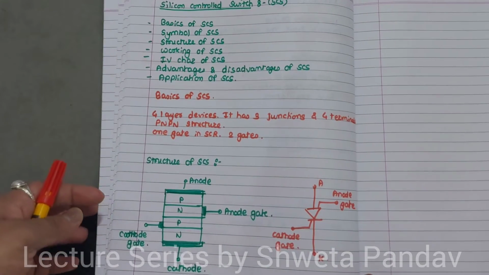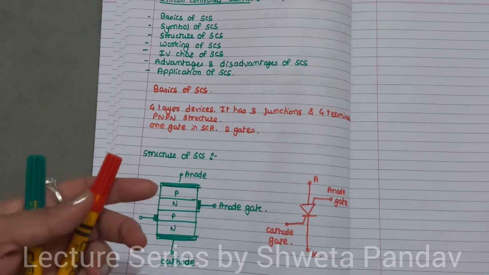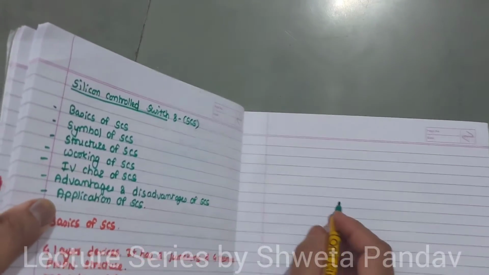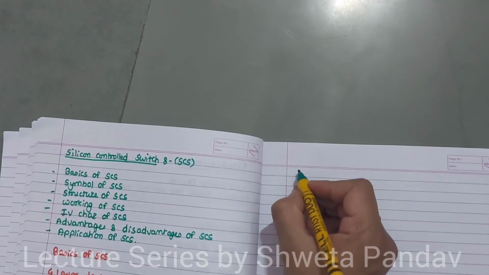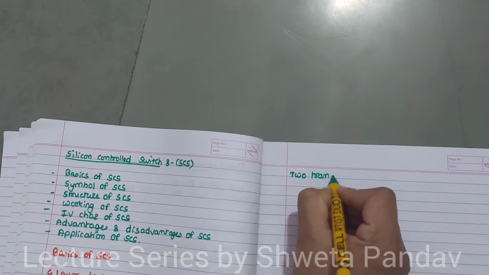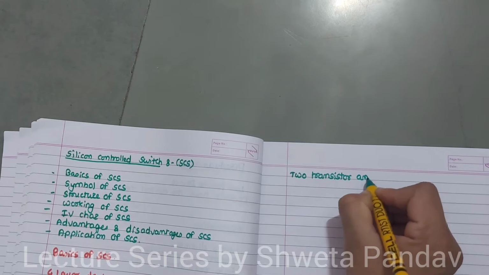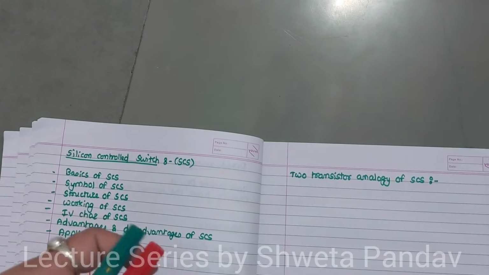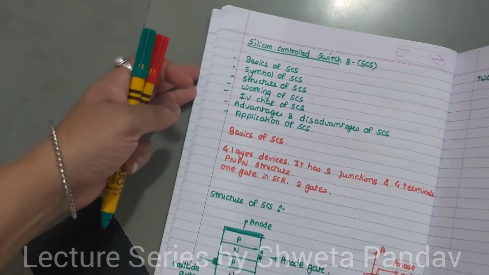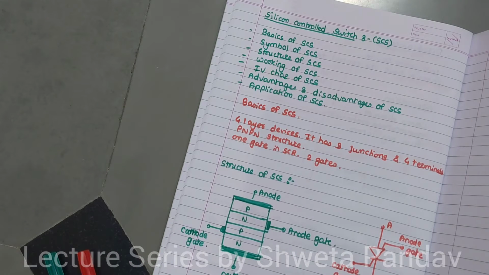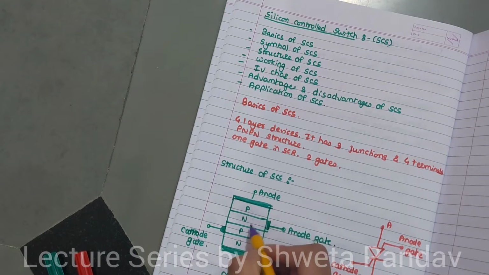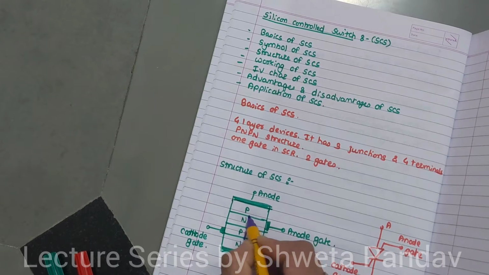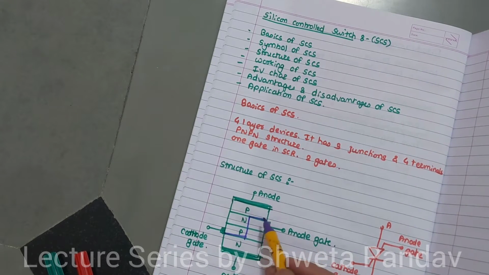Now let us draw the two transistor analogy of SCS. If I cut the SCS in two halves, we had seen the structure of SCS here, so it is divided into two transistors.